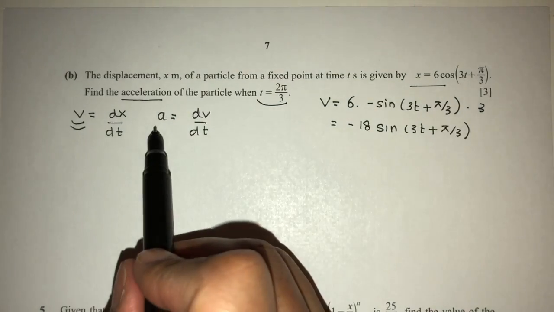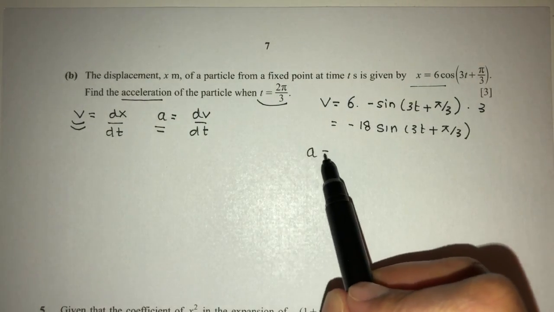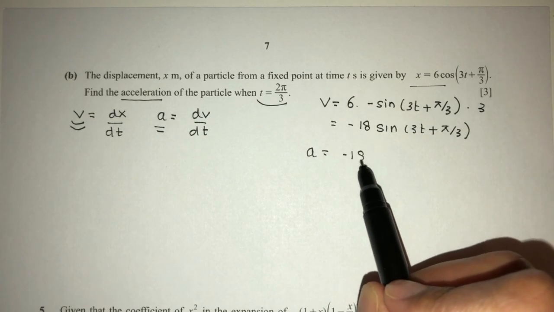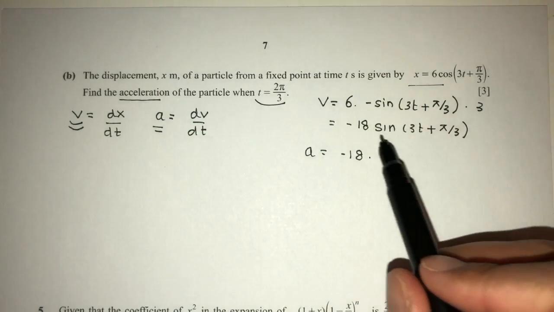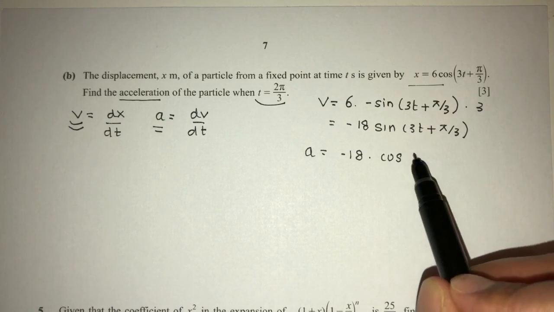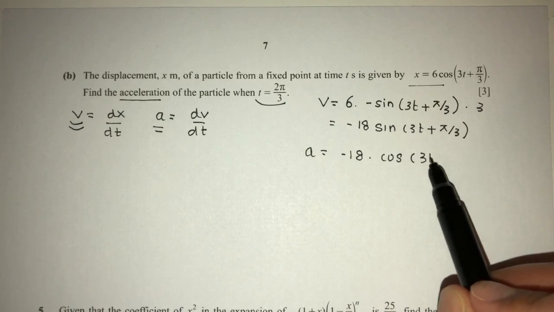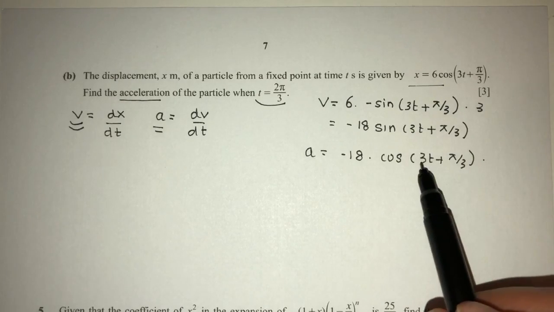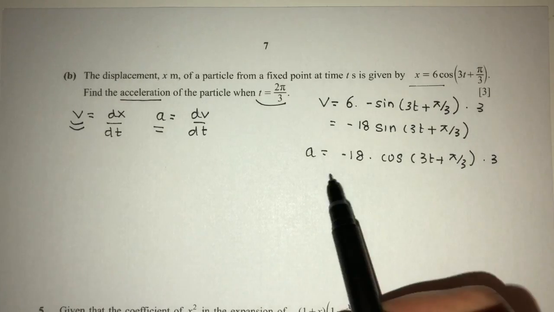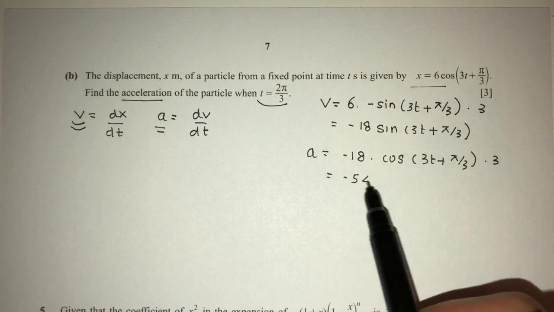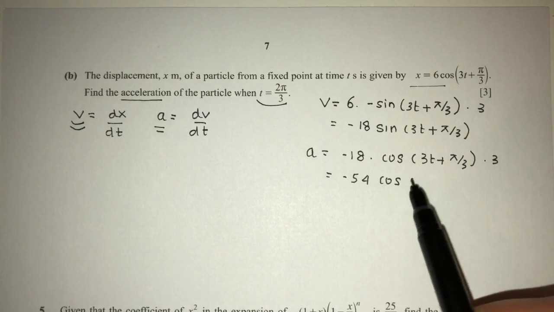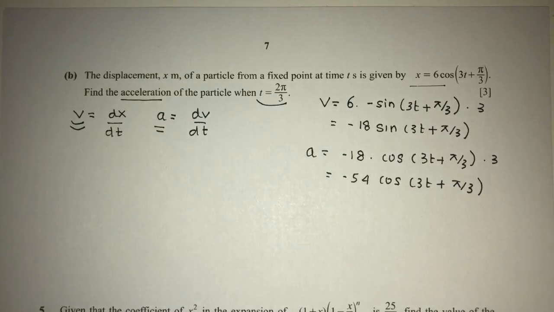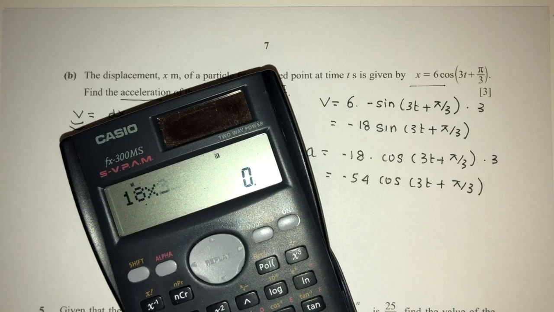Now we have to find a, which is dv by dt. So differentiating one more time, minus 18 will be the same. Sine will become cos. The angle inside will be the same. Then we have to multiply by the derivative of the angle inside, that will be 3. And that should be minus 54 cos of 3t plus pi by 3. So let's check: 18 times 3 should be 54.